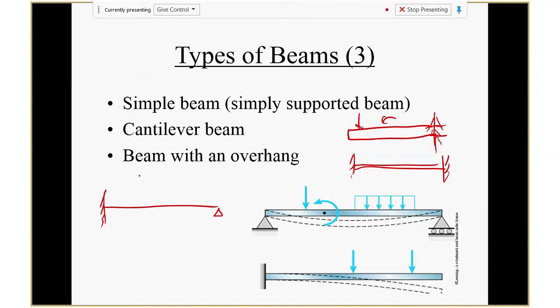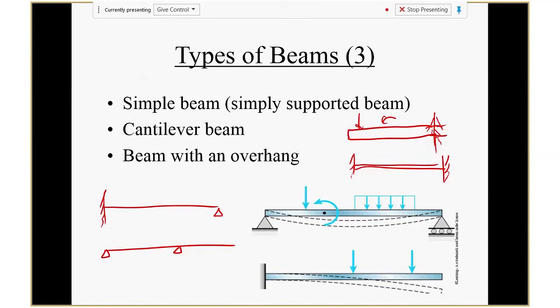The other one we may have is you have a pin here, and then a pin in the middle. Then this end is free. So this one we call an overhanging beam because this part sticks out, hanging there, right? And this one is determinate. So we're going to have three basic determinate beams. Basic three types: one is a simple beam, one is a cantilever beam, one is an overhanging beam. So for now, we'll just focus on these three types of beams.